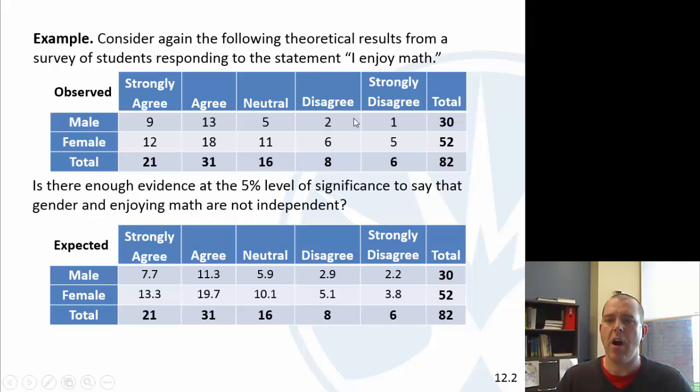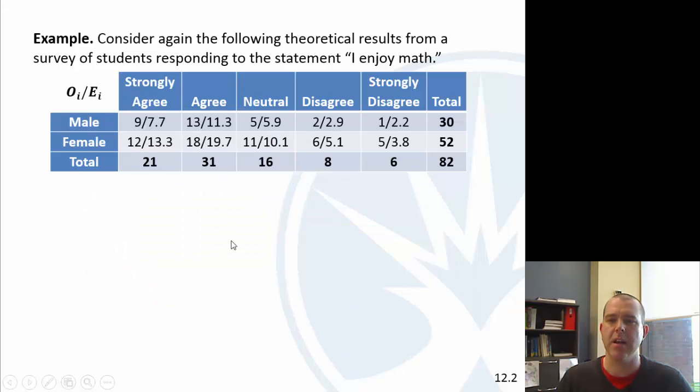So here are our observed categories, and this is our expected. If we look at them together, what we would do here if we were doing this by hand is we would take observed minus expected squared over expected plus observed minus expected squared over expected plus observed minus expected squared over expected, etc. So we're going to use StatCrunch to do that.